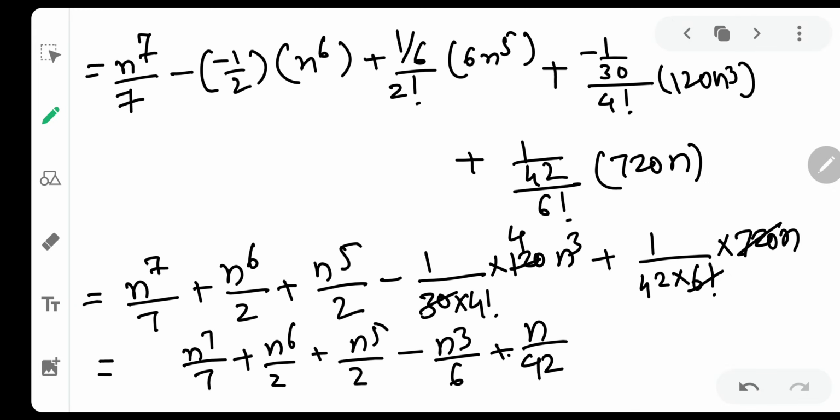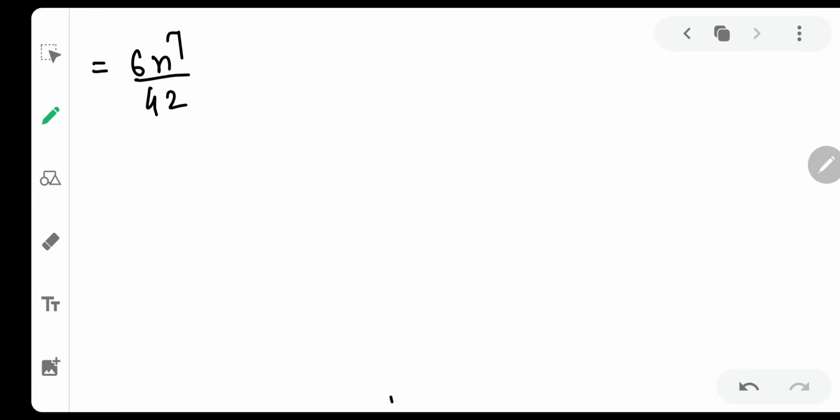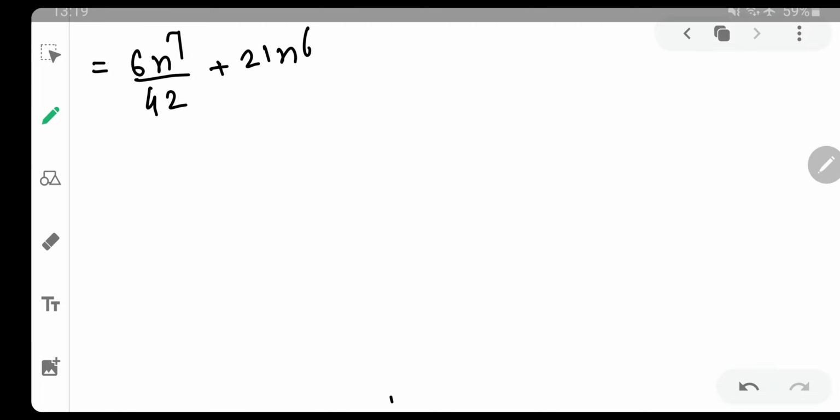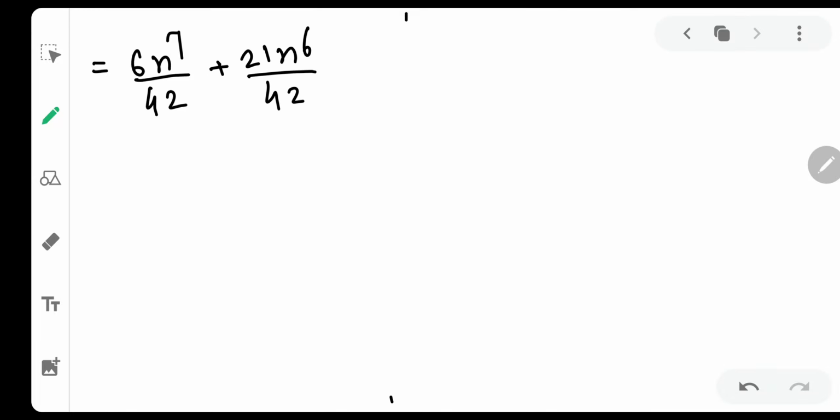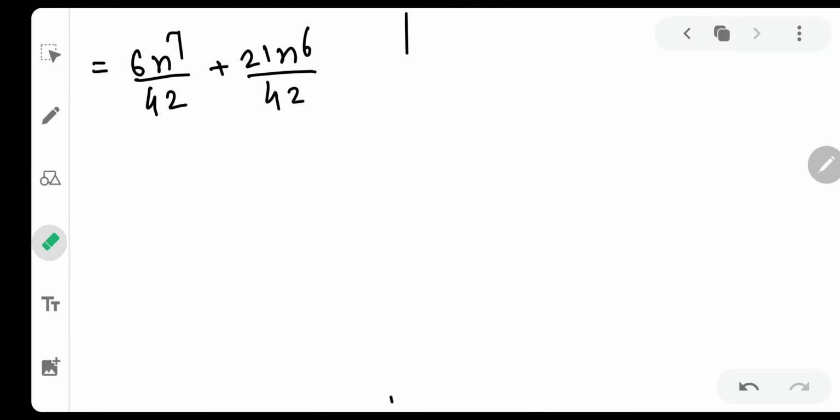So 6n raised to 7 by 42. Then 21n raised to 6 by 42. Then 21n raised to 5 by 42.